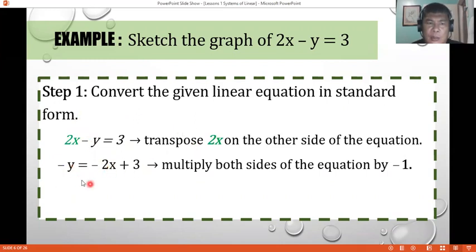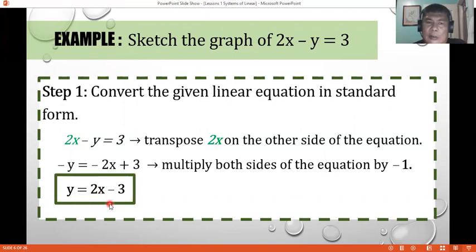Maiiwan yung negative y. Dapat positive ang y. Kahit negative ito, basta positive yung y. Pero since nagkataon na pareho negative, we have to multiply the whole equation by negative 1 for us to make y positive. So, ito na siya ngayon. This is our standard form.